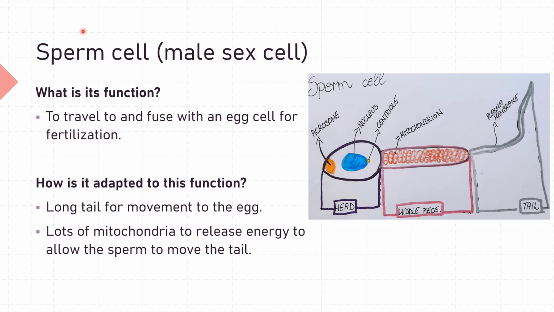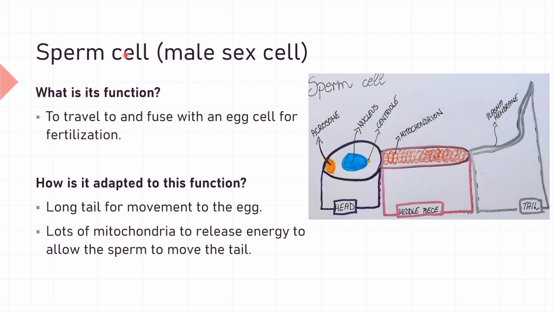So the sperm cell, also called the male sex cell. For the function, first you need to know what is really important. Of course, here you have male. The sperm cell can only be found in males, and it's part of the male reproductive system. So what is the function?